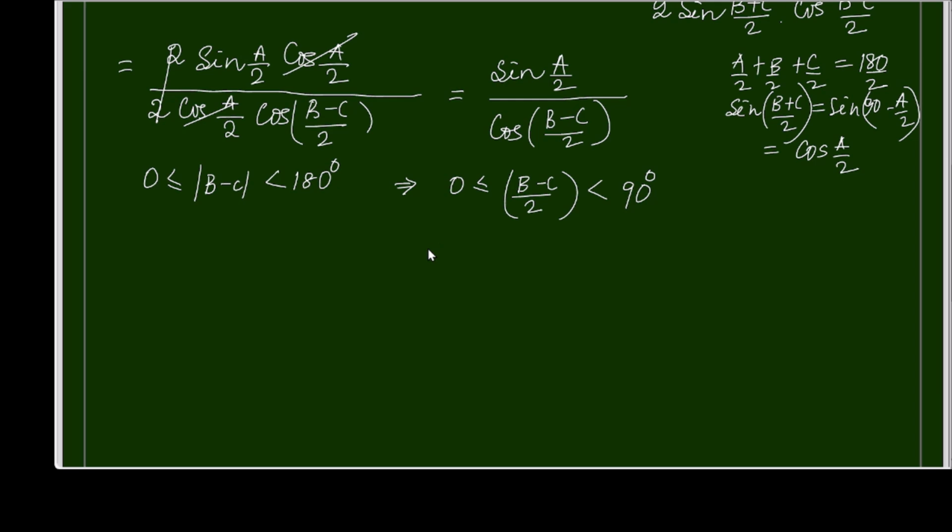Now taking the cos function for these inequalities, again you have to take care, because cos theta decreases from 0 to 90. Cos theta for any angle theta is a decreasing function from 0 to 90.